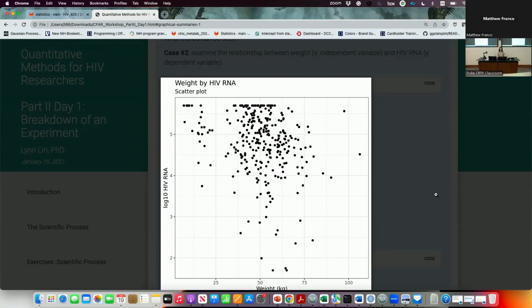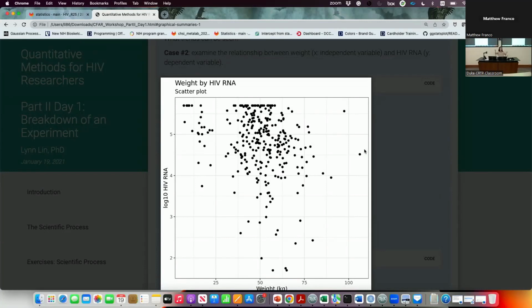First of all, besides the trend, I would say there were a few outliers, right? For example, here on the y-axis, that's HIV RNA, they have a few outliers. And for the weight, there was definitely at least one outlier, which is on the larger side.